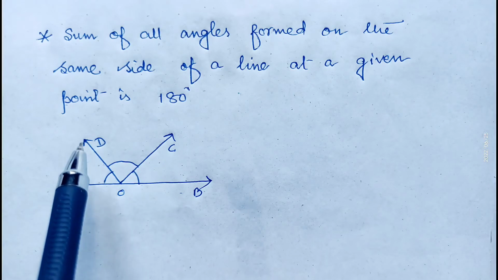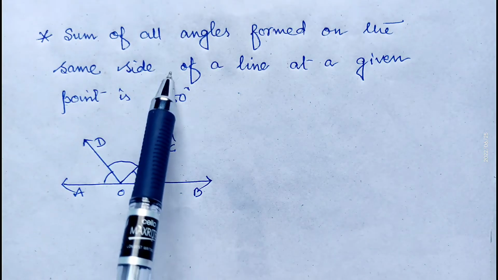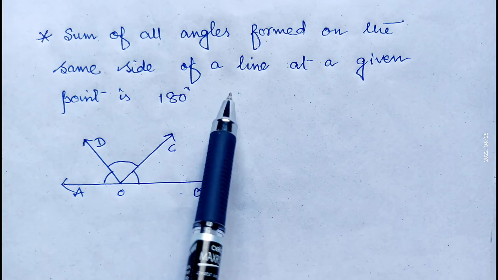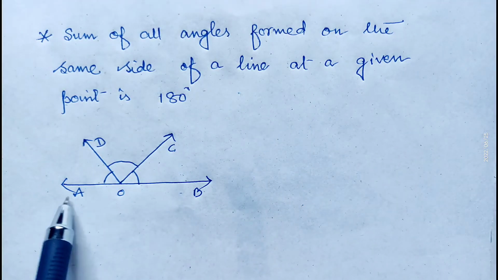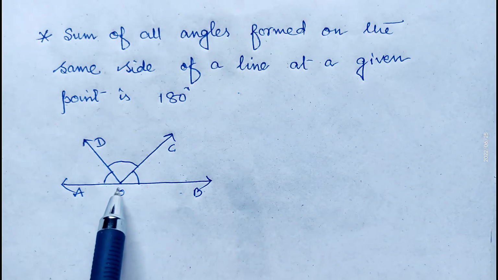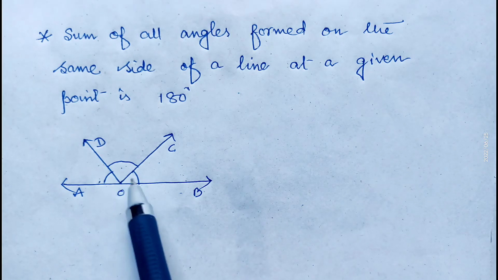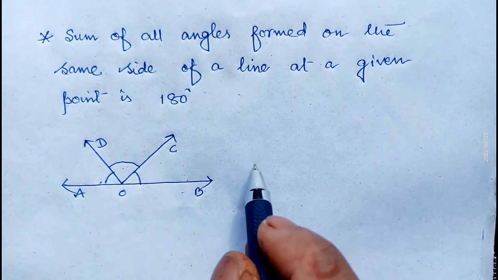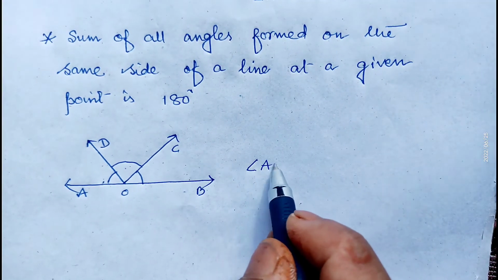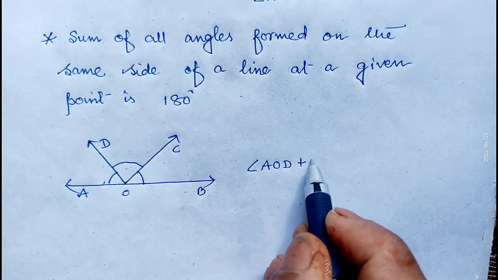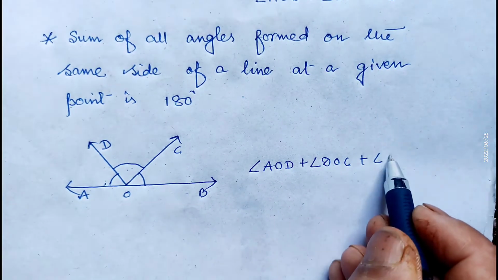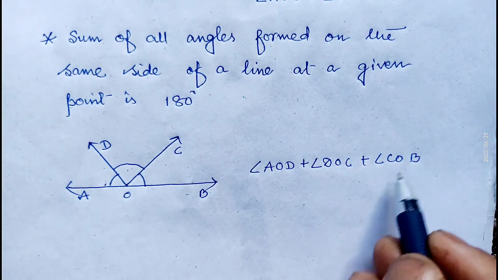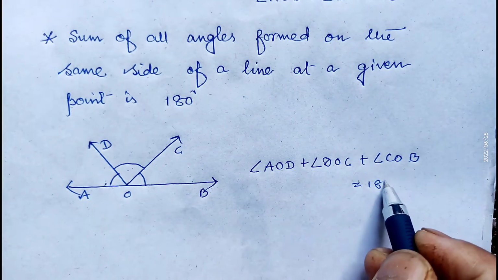Here we should know one property: the sum of all angles formed on the same side of a line at a given point is 180 degrees. Suppose AB is a line and O is a point. The sum of these three angles, angle AOD plus angle DOC plus angle COB, will always be 180 degrees.